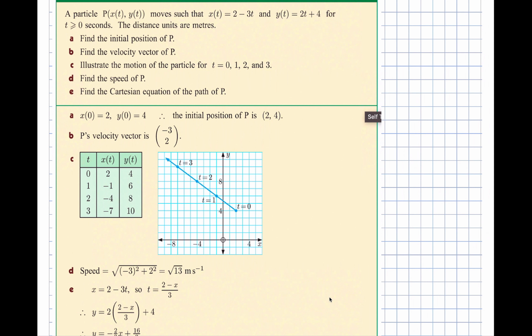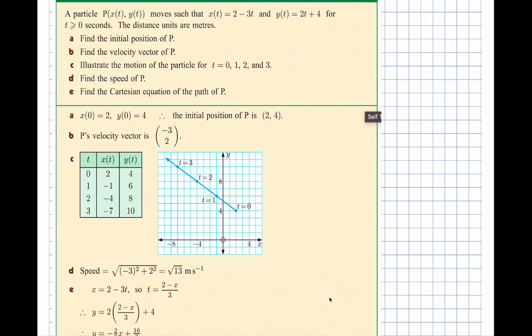This says illustrate the motion. I don't think you're ever going to get a question that asks you to illustrate the motion, but if we look at the motion that's illustrated here, as x varies, y varies by the same amount, so we get a straight line. You can see that.